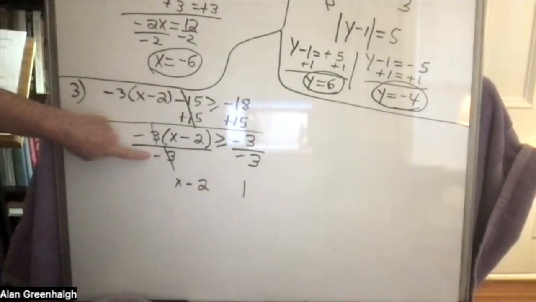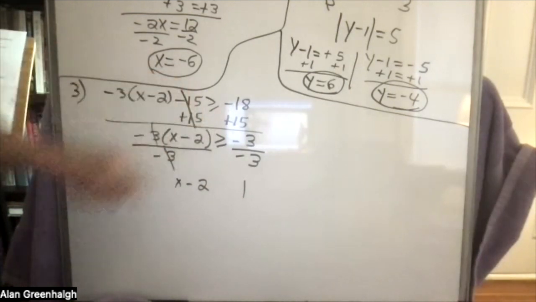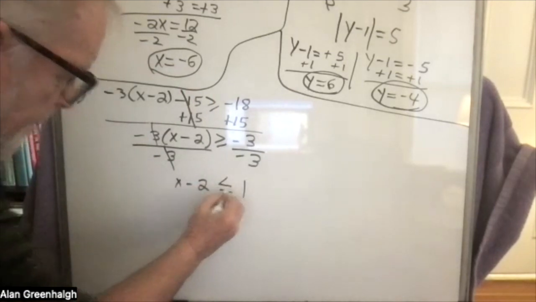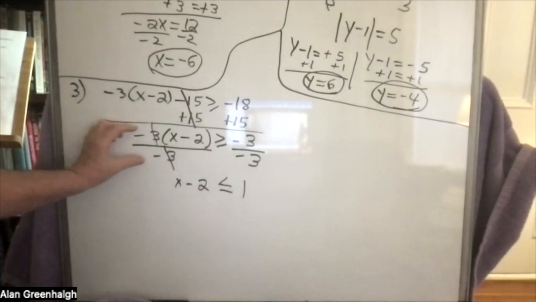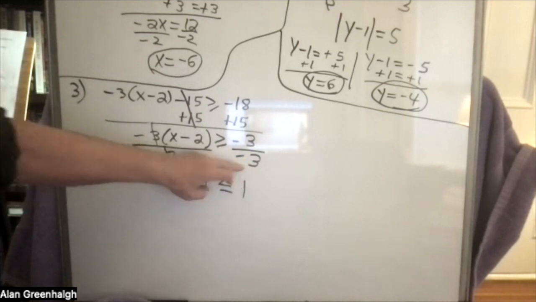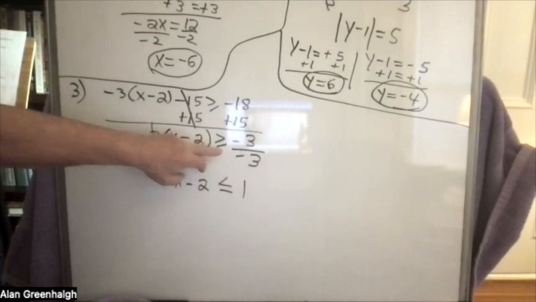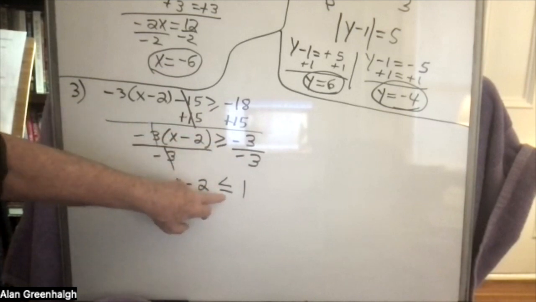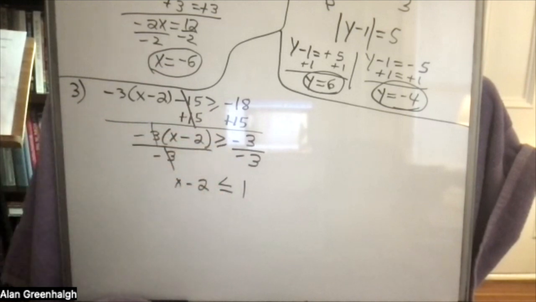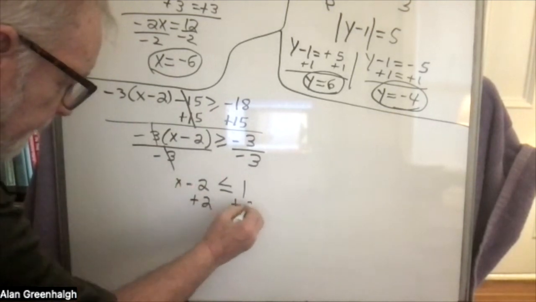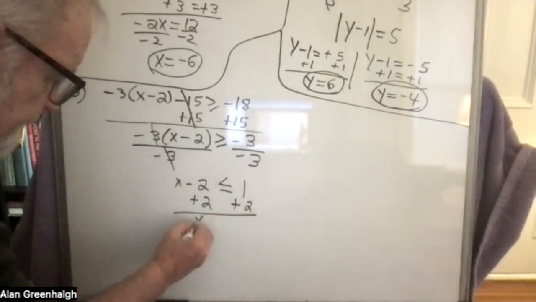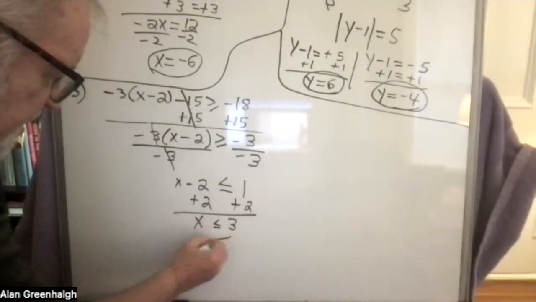And because we divided by a negative number, the inequality symbol reverses. When you divide by a negative number on both sides of an inequality, the inequality symbol reverses. And you continue. X is less than or equal to 3.